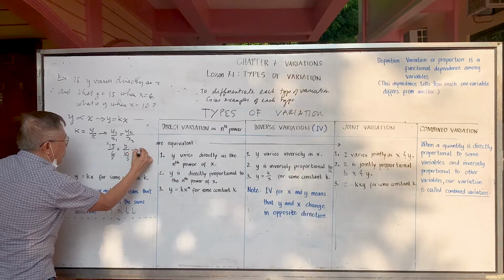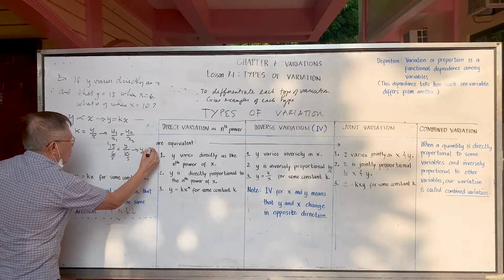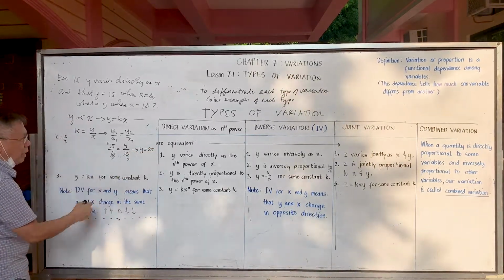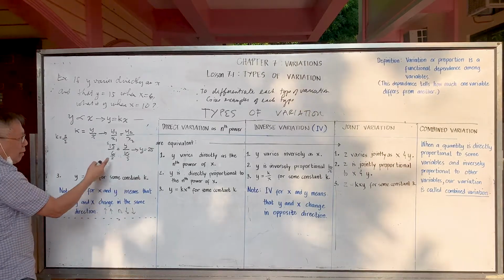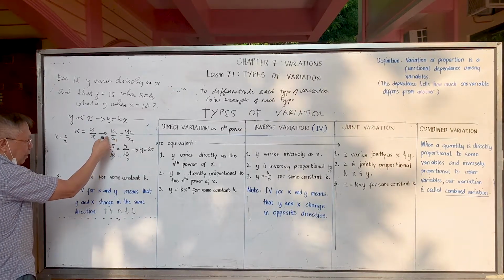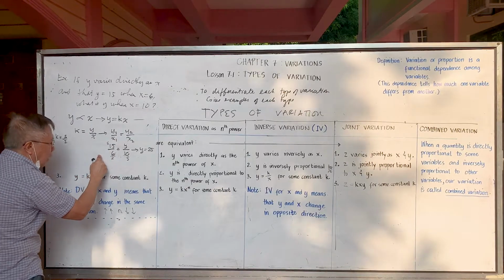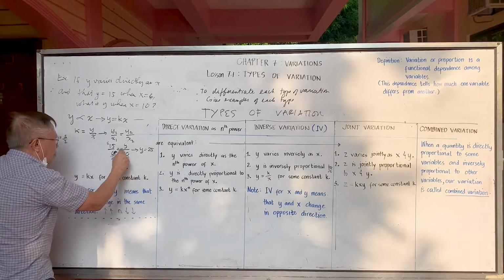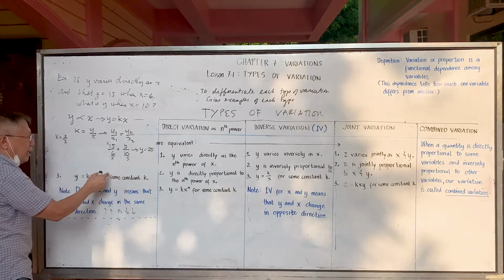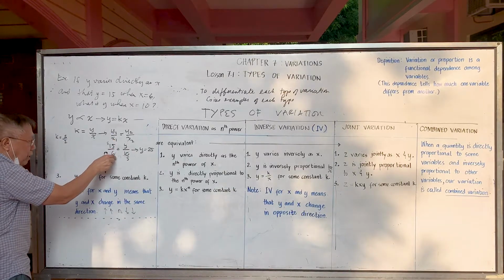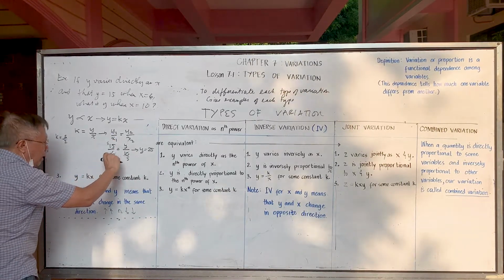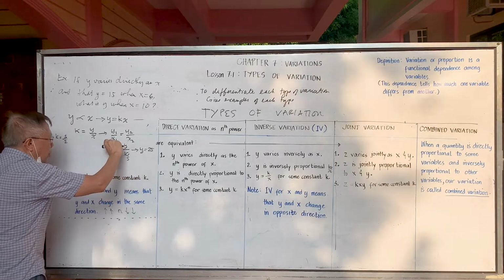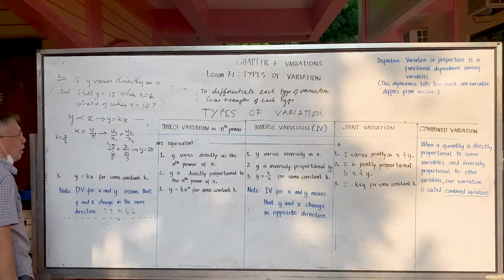This gives me y equals 25. Note how I canceled. I can cancel vertically and horizontally, but not crosswise. Again, cancel numerator with denominator, or denominator with denominator, numerator with numerator.